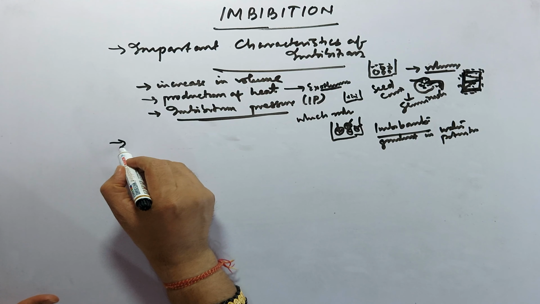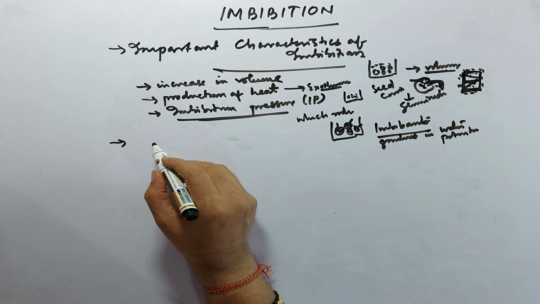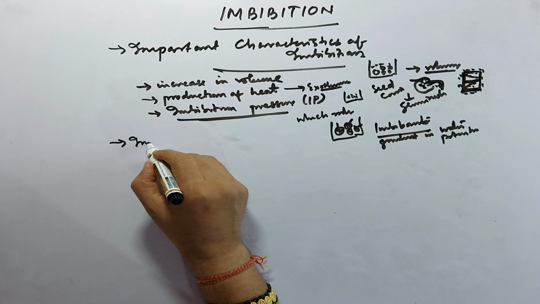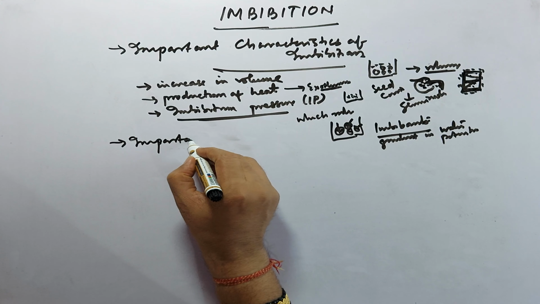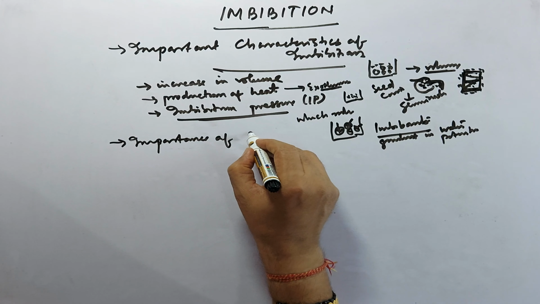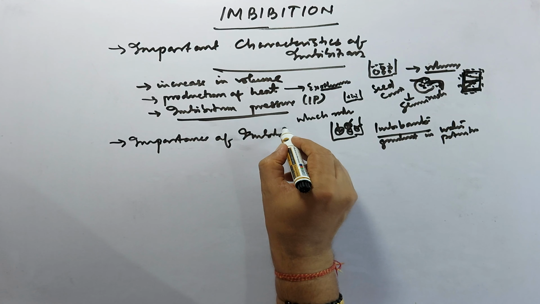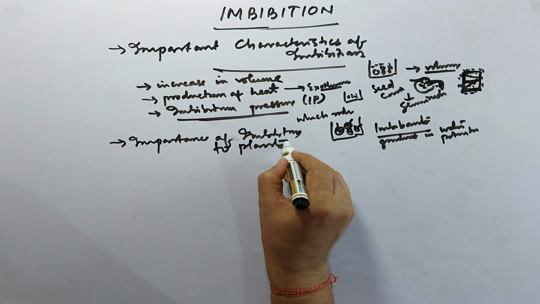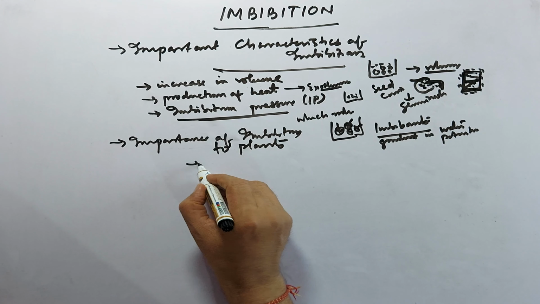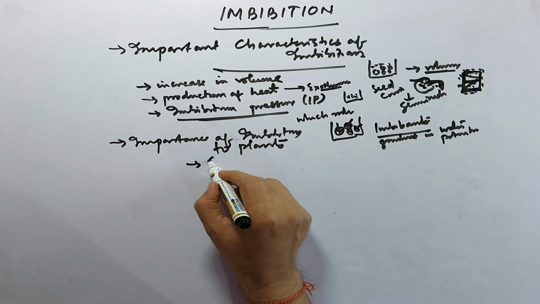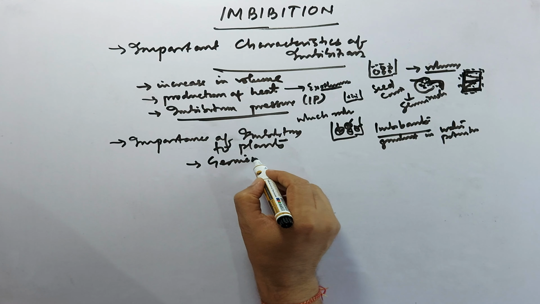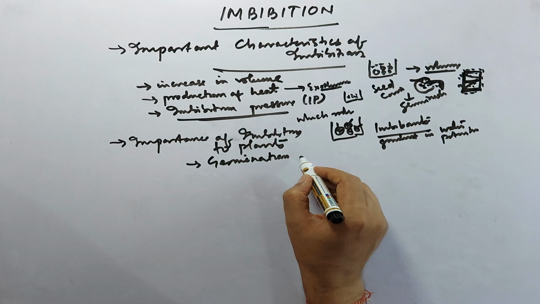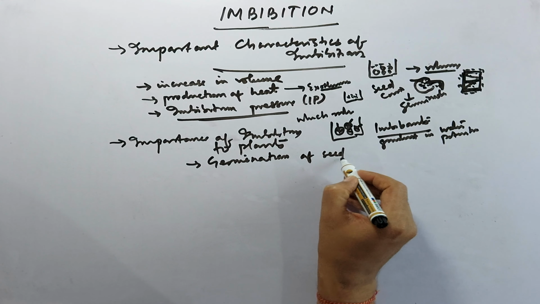Now we will discuss the importance of imbibition to plants. The first is germination of seed, which I have discussed.